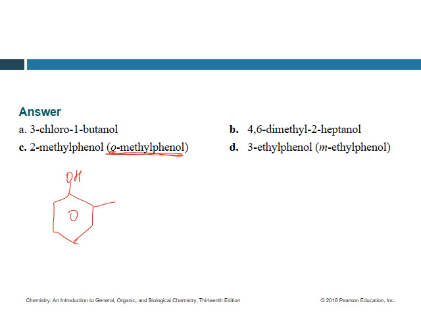When it is present on 1 and 3, for instance what we saw here, this could also be called meta. And when you have 2 groups, one on 1 and another on 4, it could also be called para. So you should know these ortho, meta, para terminologies as well.